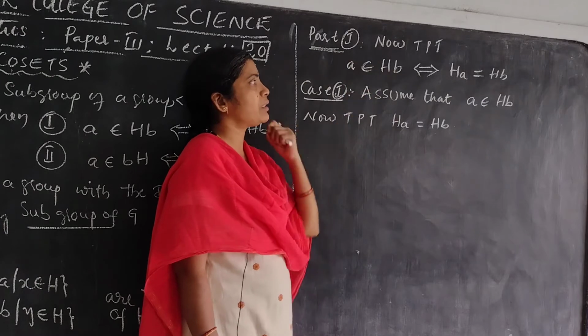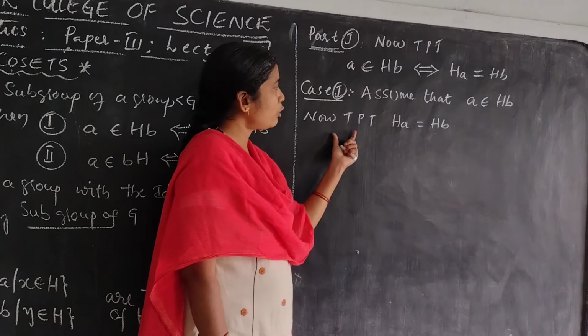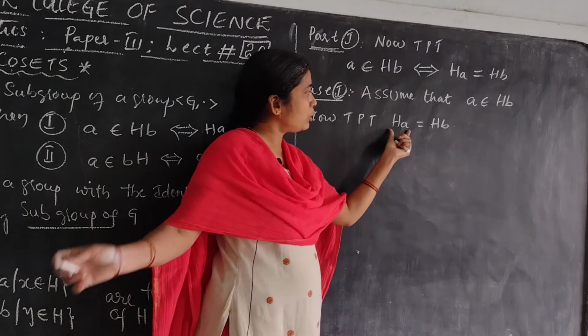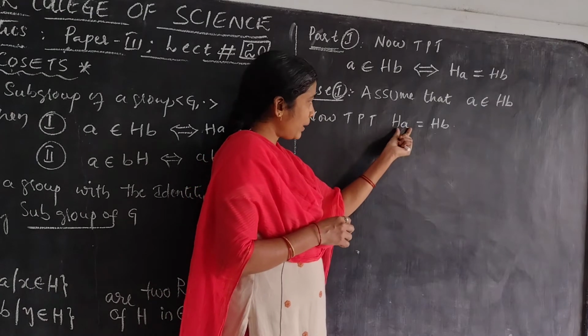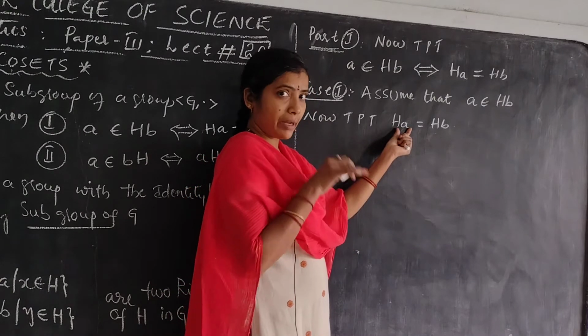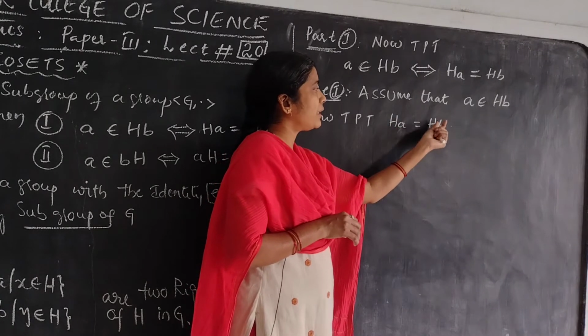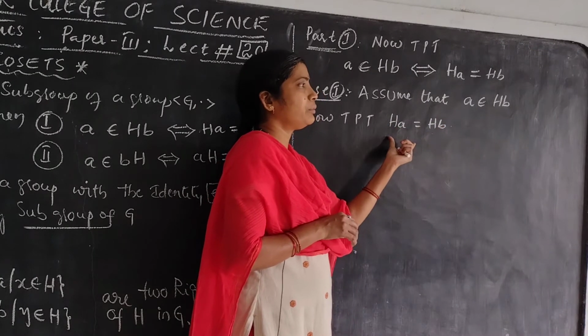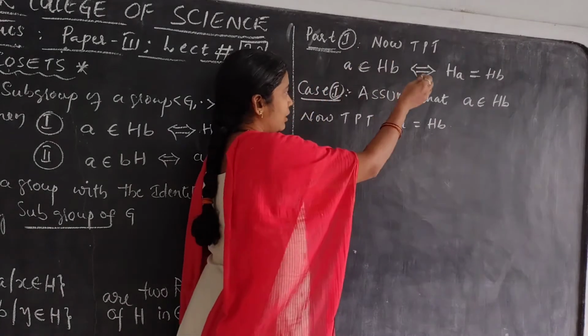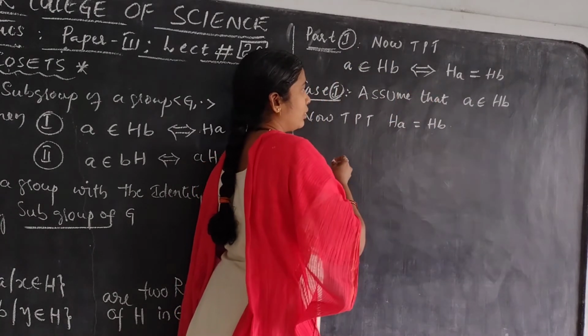What is our claim in this case? We have to prove that the right coset generated by A and the right coset generated by B are identical. For that, we use the assumption.